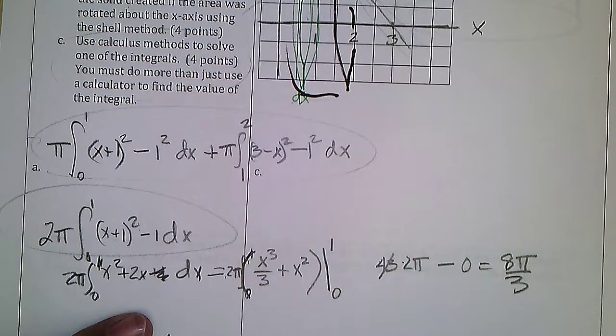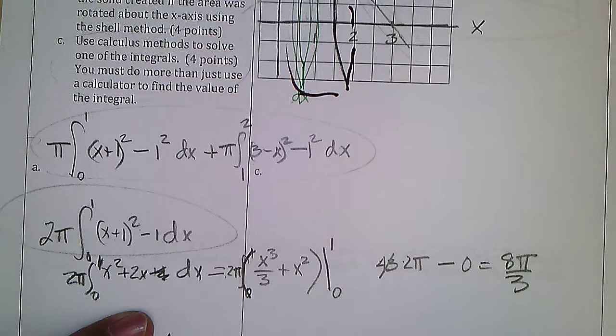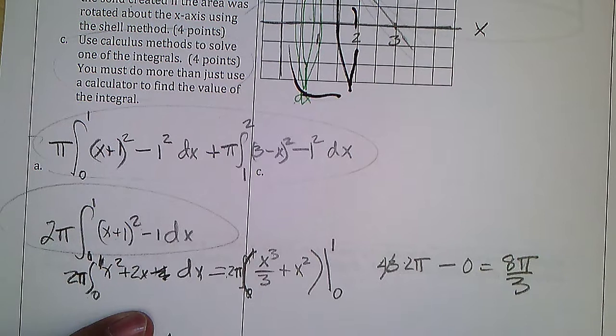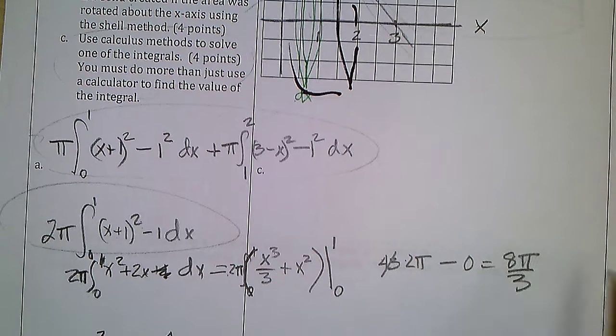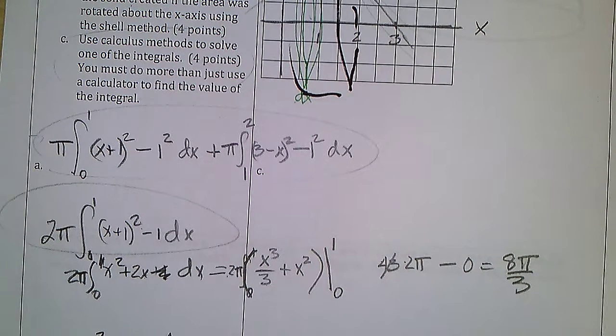So minus 16/3 plus 2/3 is 14/3. I'm worried that I didn't get it. Oh, I got 8/3. Okay, so it could be right. And then we've got 8 minus 2, which is 6.